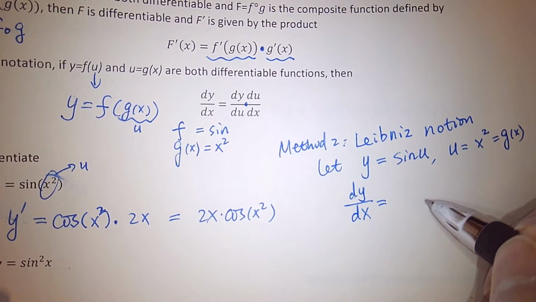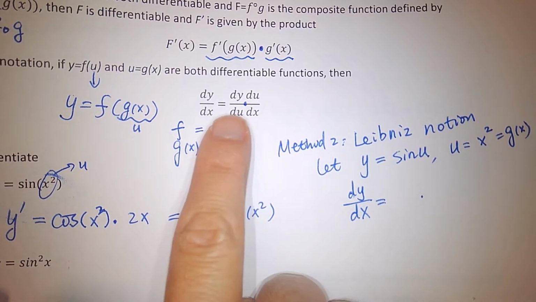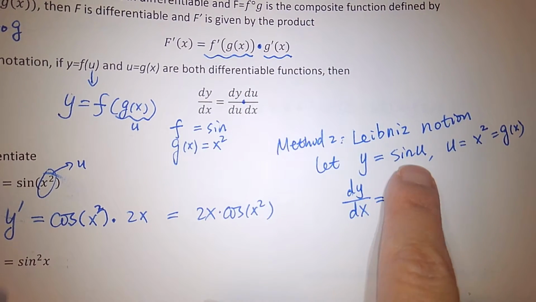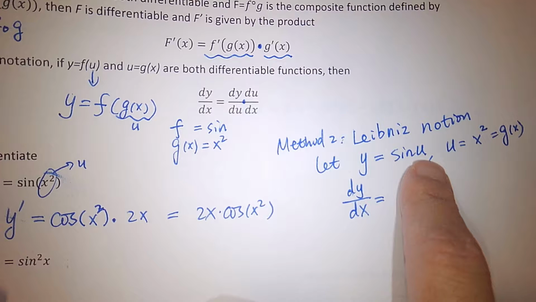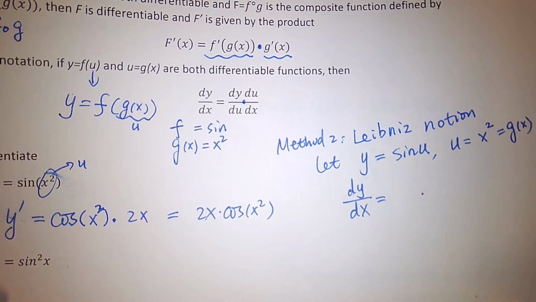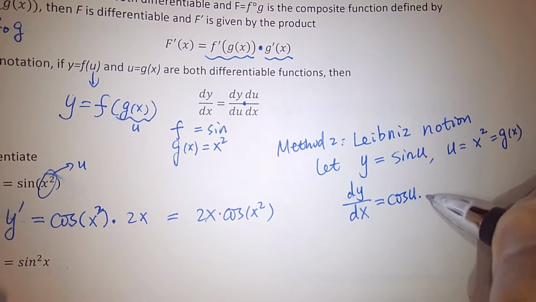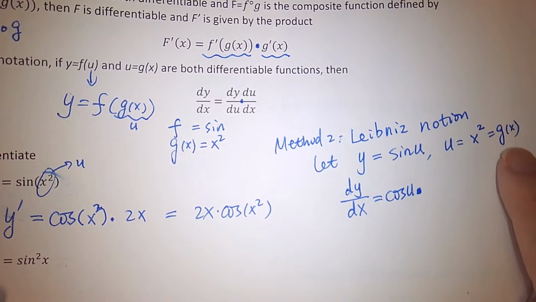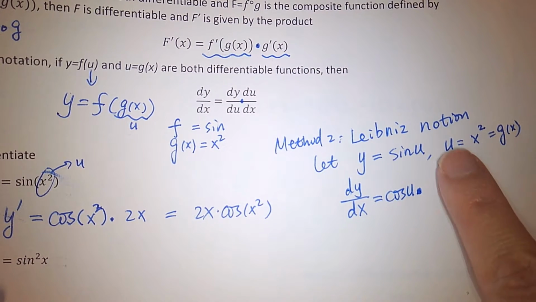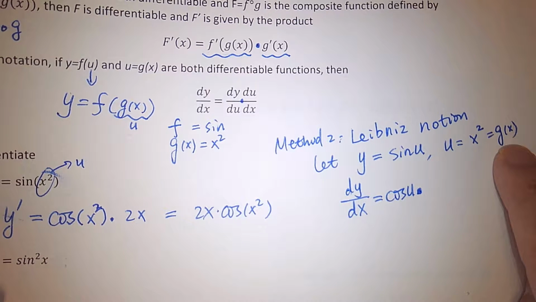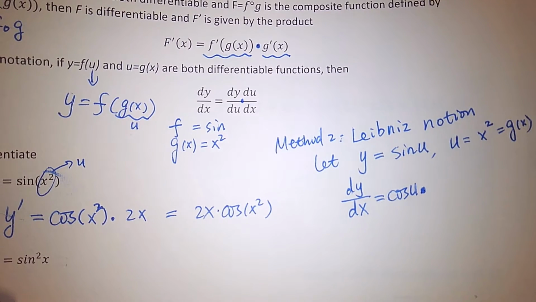It is going to be a product of dy over du. What is dy over du? Sin u's derivative with respect to u is what? Cosine u. And times du over dx, which means the derivative of u with respect to x, gives us 2x, right?